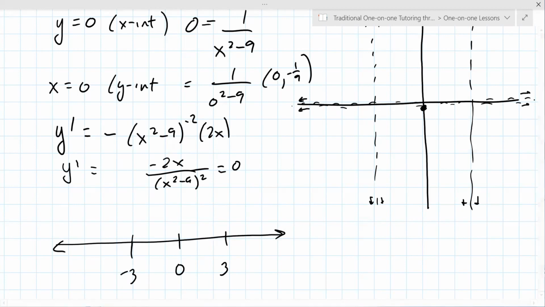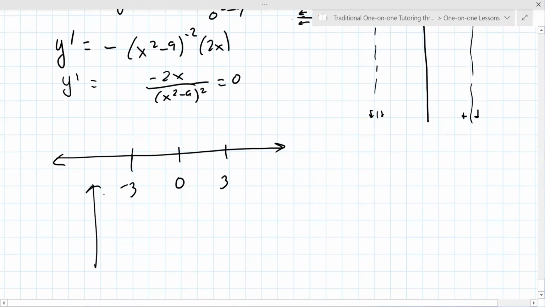So now you got to test 4 regions. So like -5, -1, 1, and 5. Okay, so we're putting them in here. This is another one of those where you only care about whether it's positive or negative. The bottom is always positive because when you square, it's always positive. So it's just whatever the top becomes.